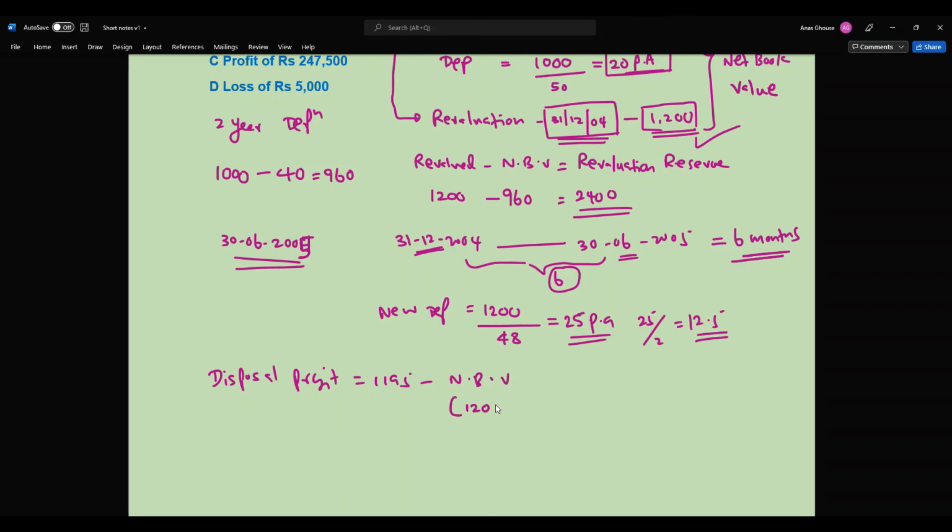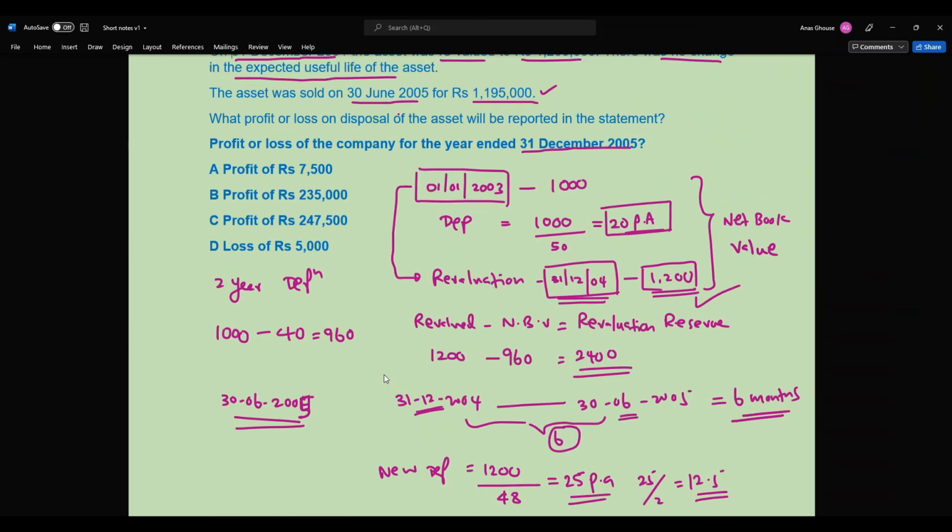The new value is 1.2 million minus the depreciation of 12.5. So 1,195,000 minus 1,187.5 is equal to 7,500. So the correct answer is the first one, A, 7,500.